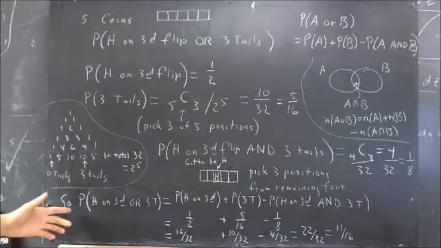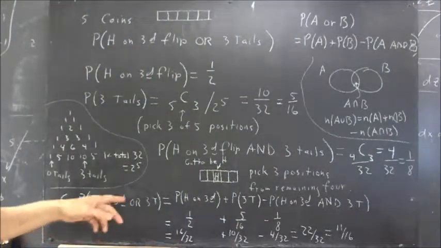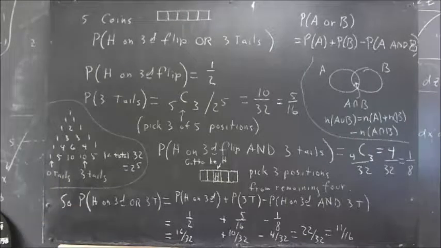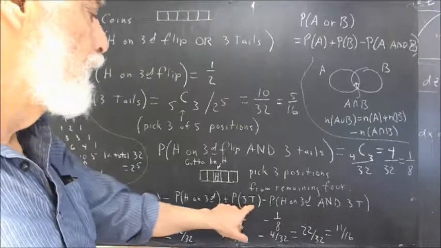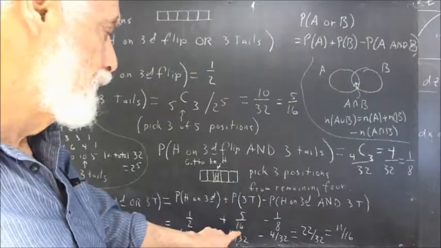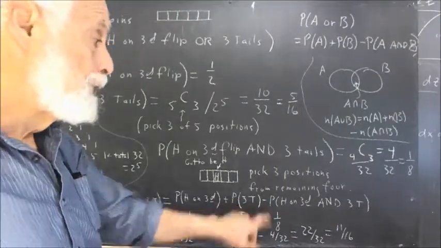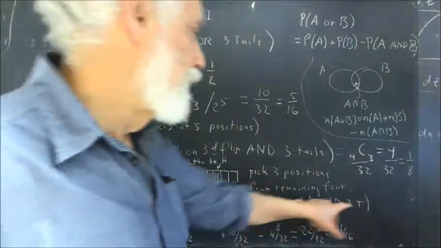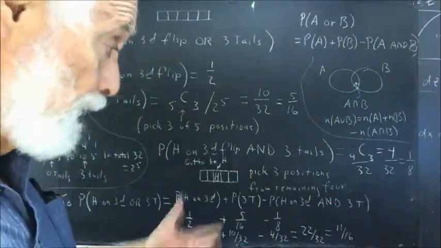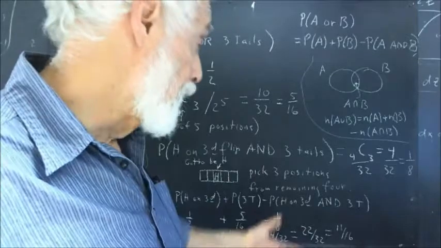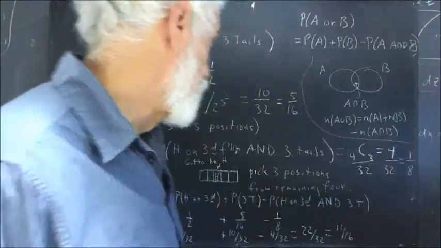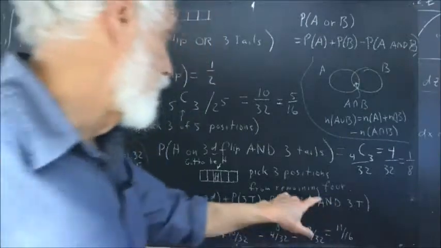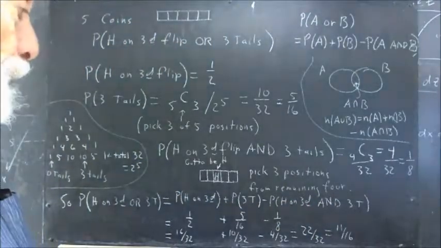So now the probability of getting a head on the third flip or 3 tails is what? Probability of a head on the third flip, that's 1/2. Probability of getting 3 tails is 5/16. We add those, but then we subtract the probability of getting both the head on the third flip and the 3 tails, so that we don't count any of those possibilities twice.